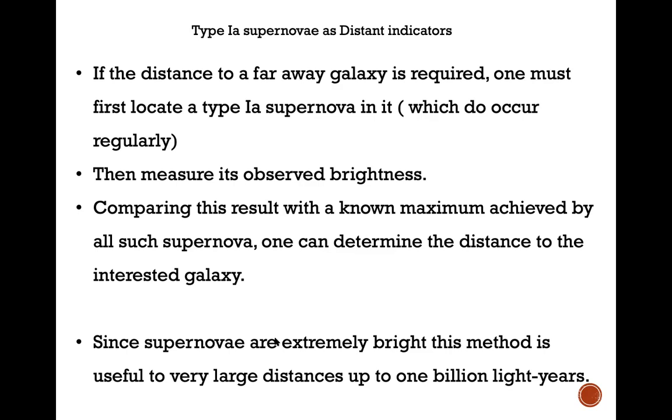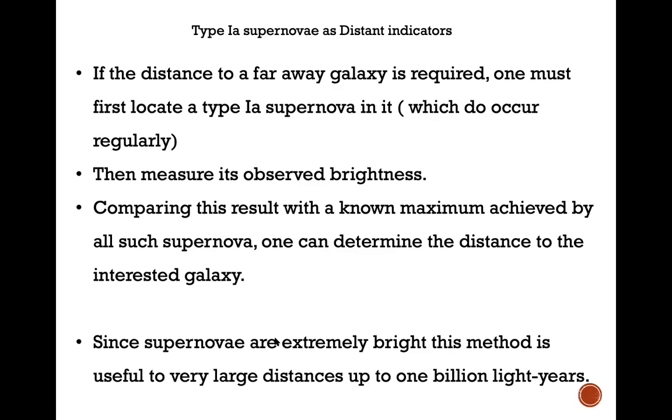The other advantage is that since these supernovas are extremely bright, this method is useful to very large distances, because you know that the amount of energy that they release is very huge. Because of that, even for galaxies that are billions of light years away, if you have a type 1A supernova, we may be able to detect it with a telescope, right?